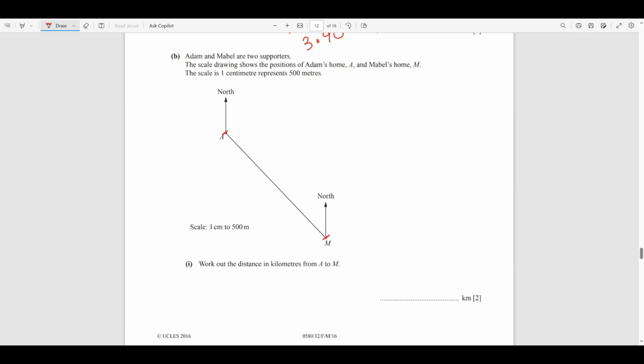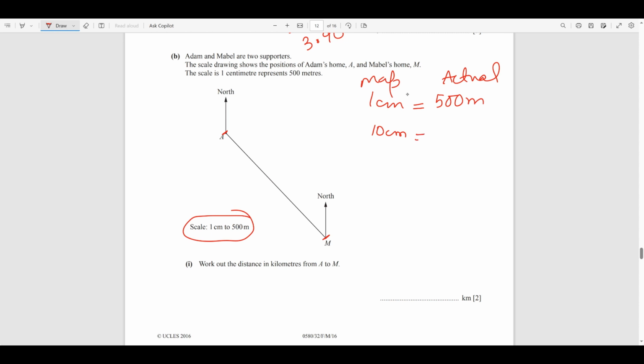For example, the distance from A to M, I'm just giving a wild guess, let's say it's 10 centimeters. This is the scale: 1 centimeter is 500 meters. Now this is map and this is actual. Because you have measured 10 centimeters, this is just a guess because I don't have a ruler here, but I'll still explain how this is done.